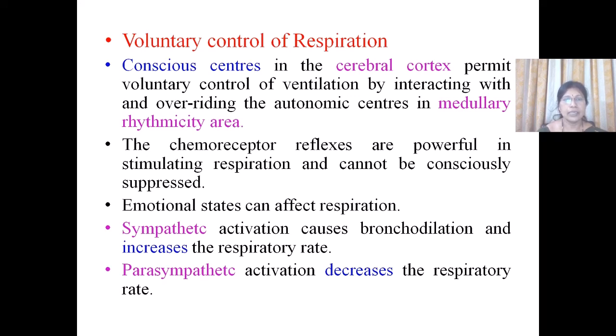However, the chemoreceptor reflexes are powerful in stimulating respiration and cannot be consciously suppressed. For example, one cannot hold the breath until he turns blue. When the carbon dioxide concentration increases over critical levels, one is forced to breathe.